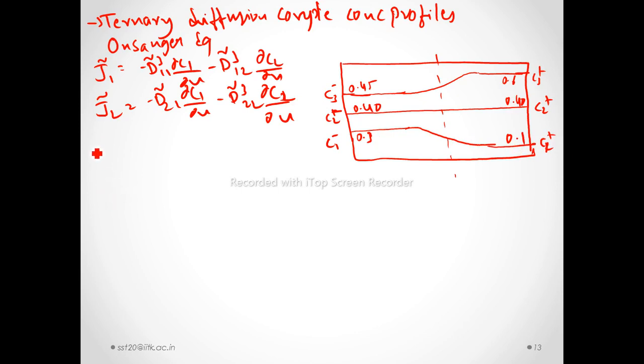So there are some salient features present. First one, the profile shows inverted symmetry.